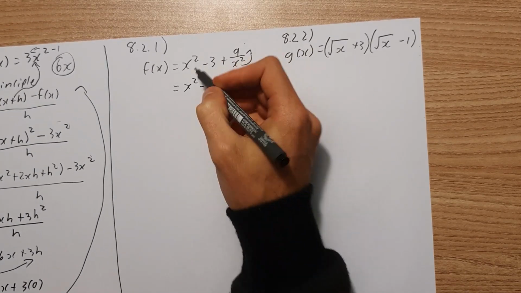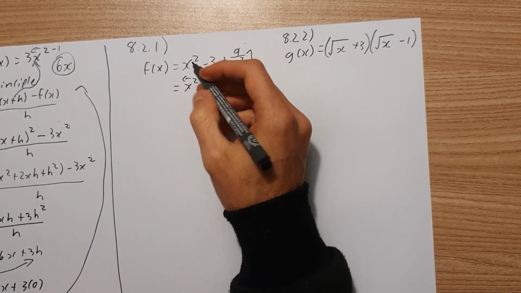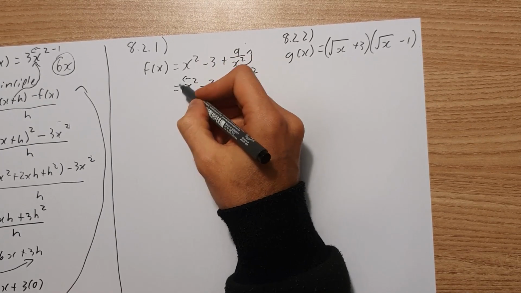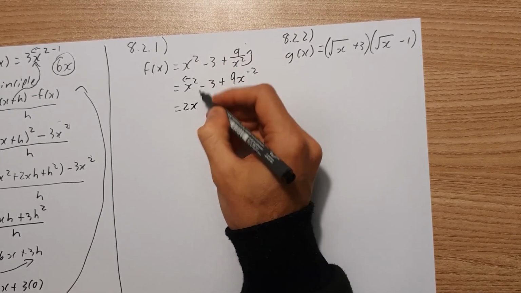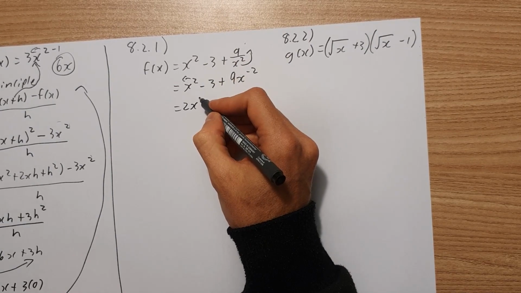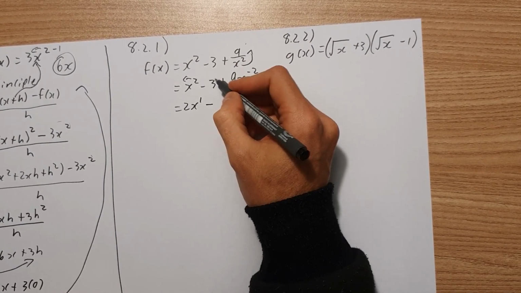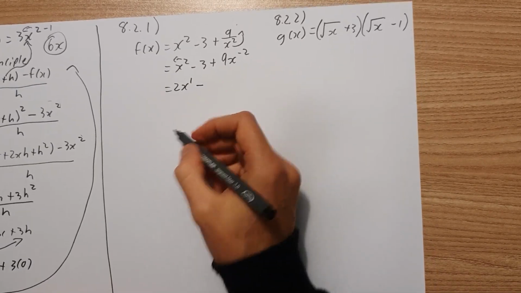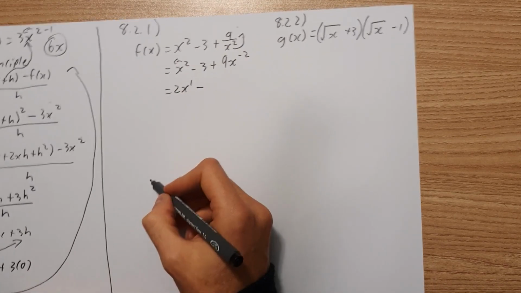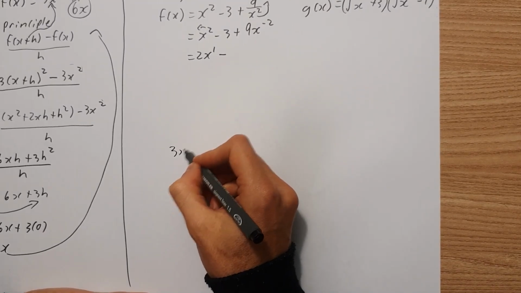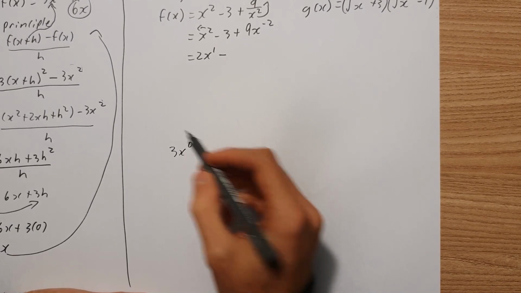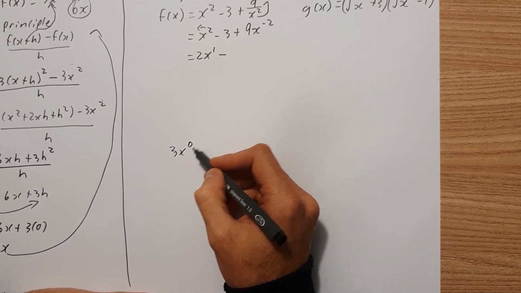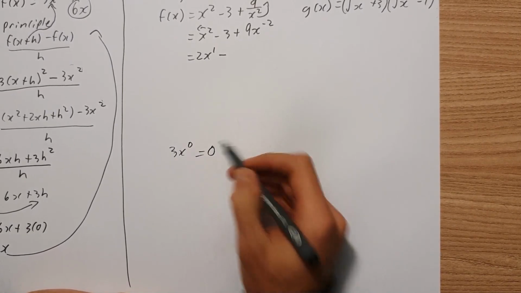Okay, now I just apply my rule. So I multiply this down in front. So 2 times 1 is going to give me 2x, and then 2 minus 1 gives me 1. Minus, now remember, for a constant, technically what we have is 3x to the power of 0. So 0 times 3 is going to give you 0, and then this whole thing is going to give you 0.